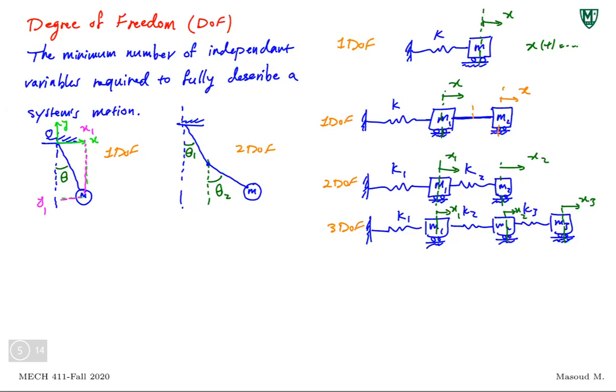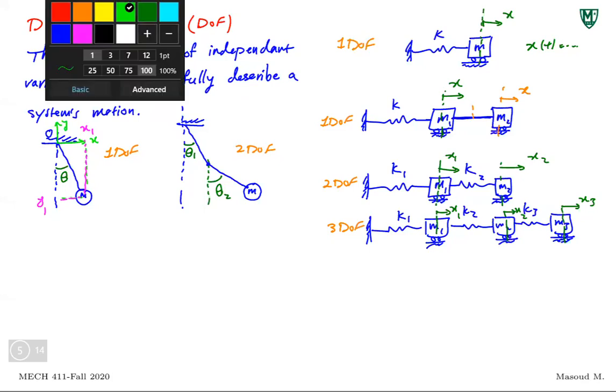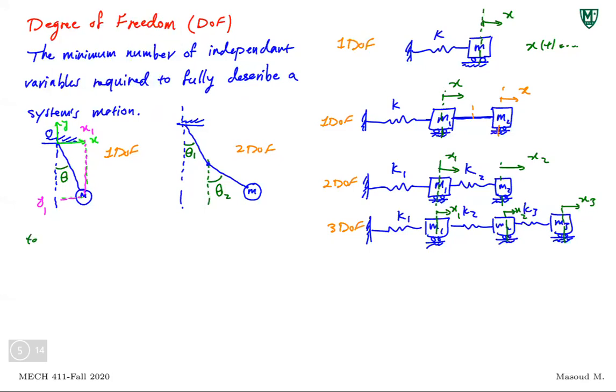I need to know X and Y. But X and Y are not independent, right? If you write them, they are dependent. You can say tangent theta is equal to Y1 over X1. You see, they are not independent, they are related to each other. So independent is important here. You need the minimum number of independent variables.